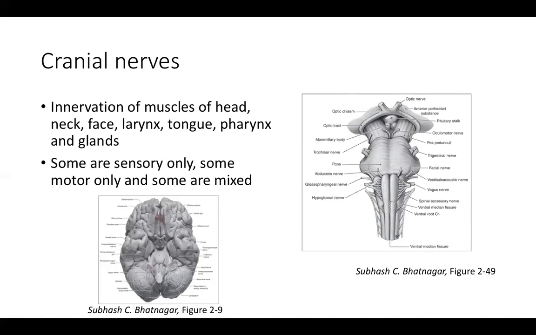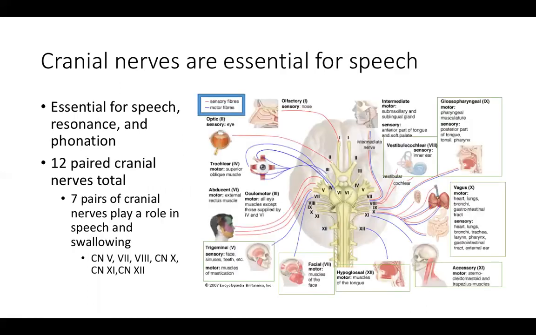So in a few weeks, you'll learn a little bit more about each of these nerves and what their functions are. But what I wanted to highlight is that these cranial nerves are essential for speech. There are 7 in particular that play a role in speech and swallowing that I've highlighted here by the green squares over those cranial nerves.